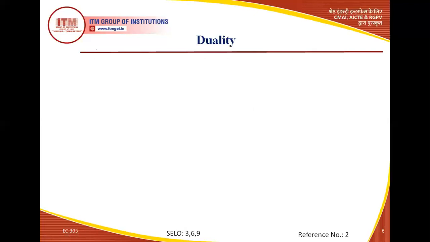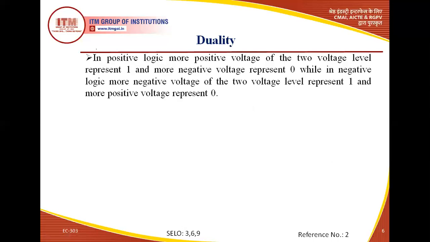Now next is the duality property. We can express our logic in two ways. One is known as positive logic, the second one is known as negative logic. In positive logic, 1 is represented by the more positive voltage of two voltage levels. That means if we choose plus 5 volt and 0 voltage level, plus 5 volt represents the 1 in case of positive logic, and 0 voltage represents the 0.